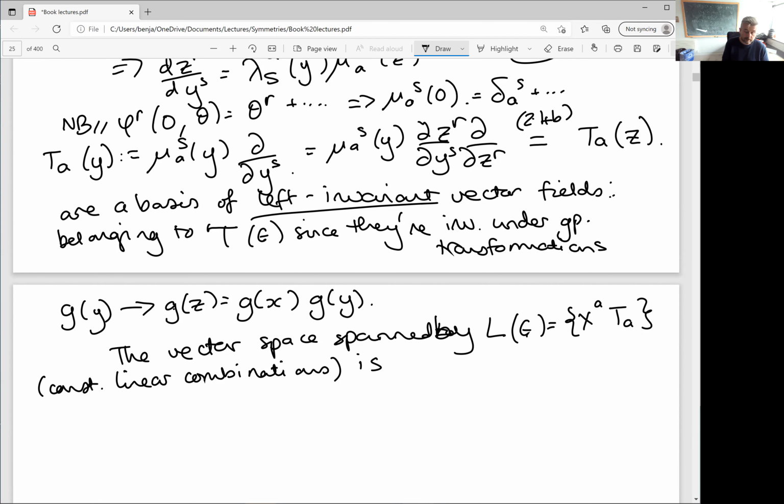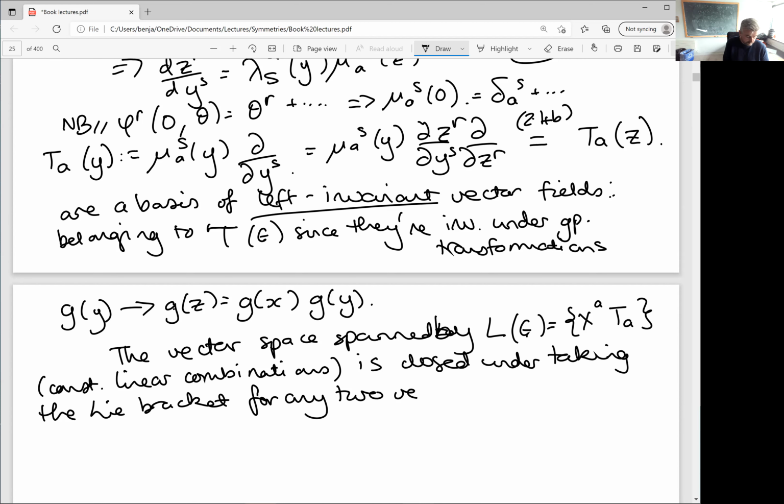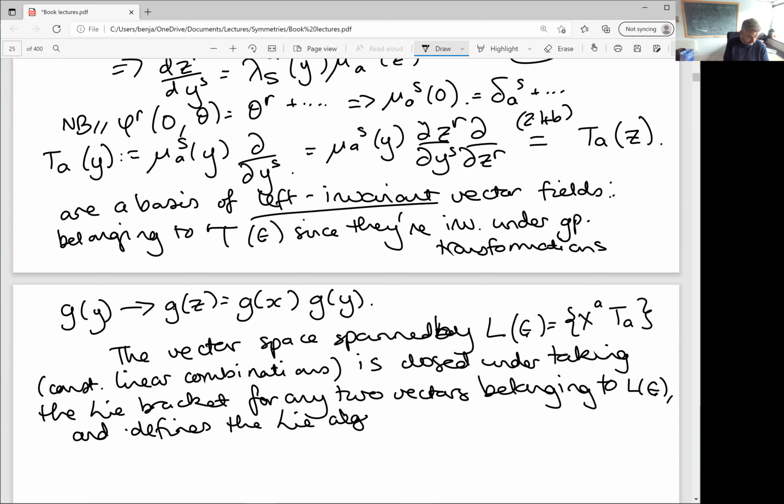This is closed under taking the Lie bracket for any two vectors which belong to the Lie algebra. And it defines the Lie algebra. So we're going to go on to show this.